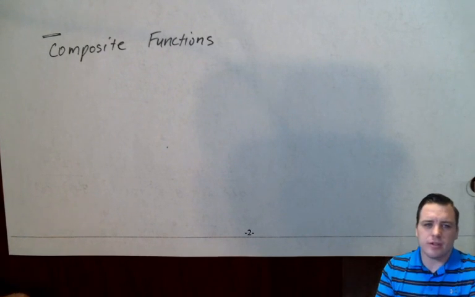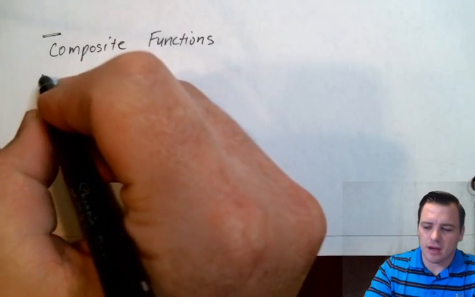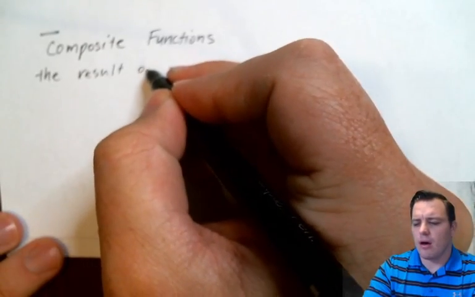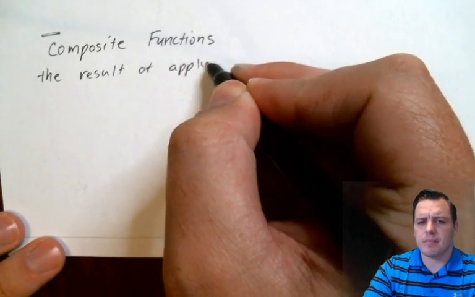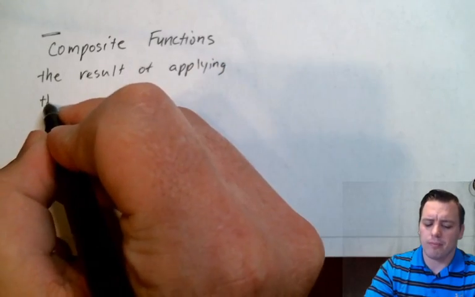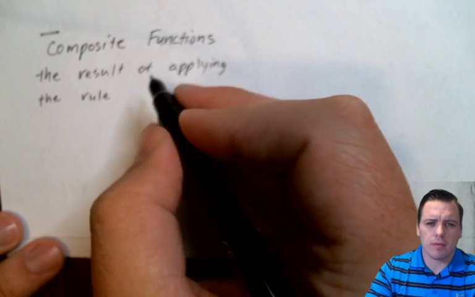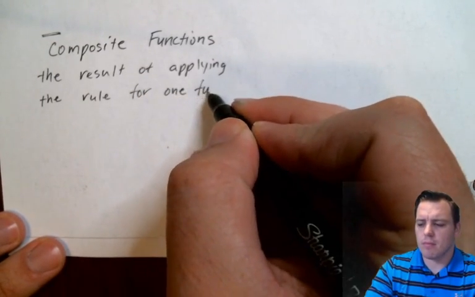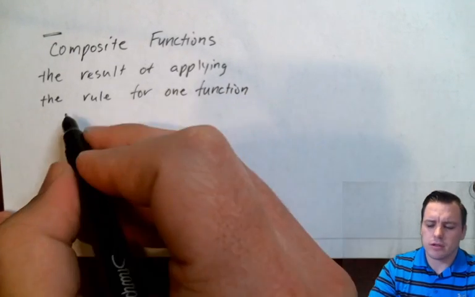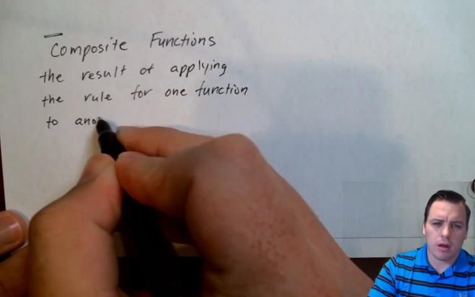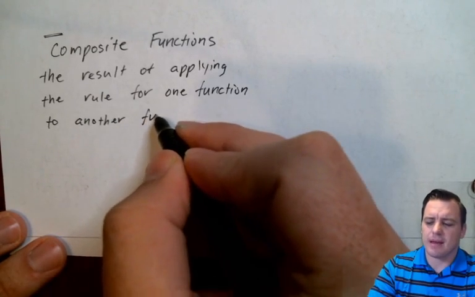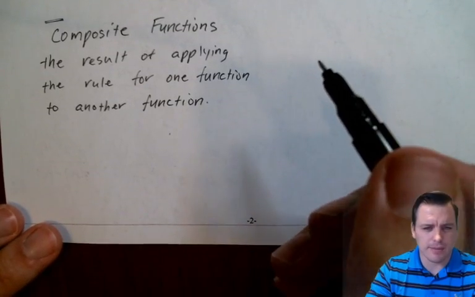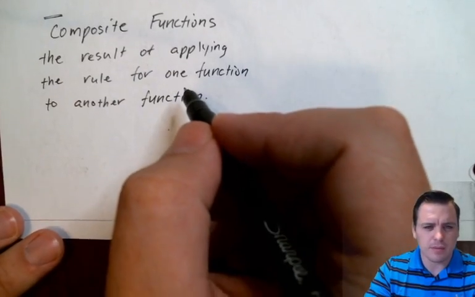All right, so composite functions are the result of applying the rule for one function to another function. Now that probably makes no sense to some of you, but that's all right. I'll explain it. That's more your book definition.